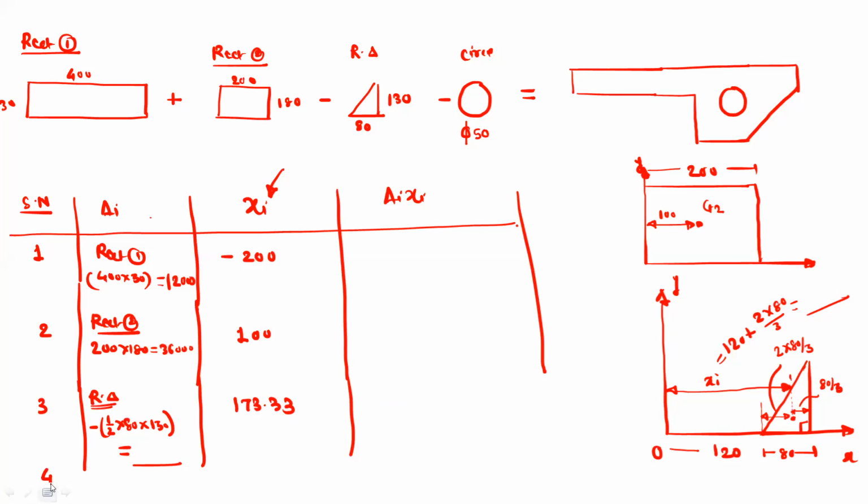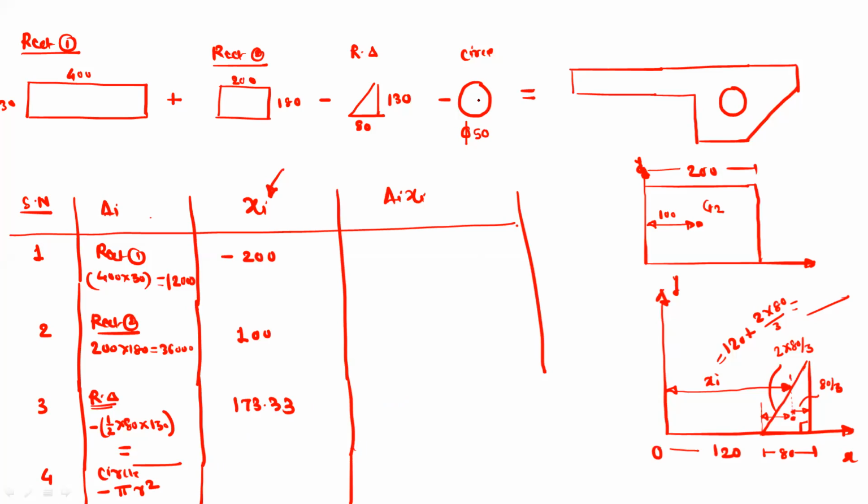And the last geometry is the circle. Again, this area is negative because we will subtract that geometry. So it is pi r square, and r is 25 because the diameter is given as 50 mm.